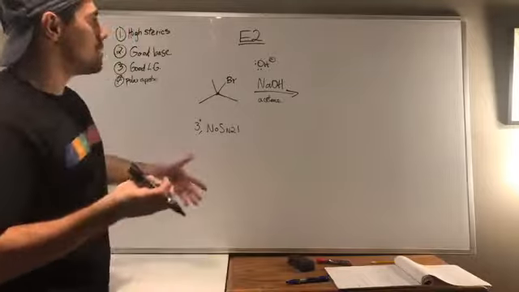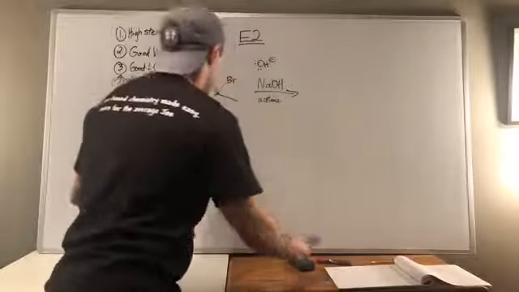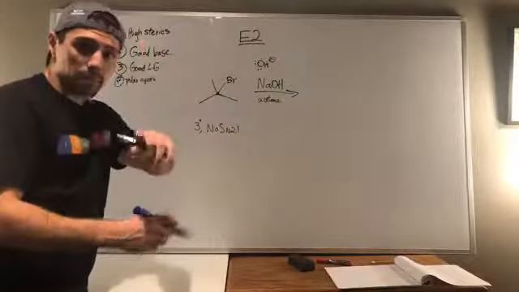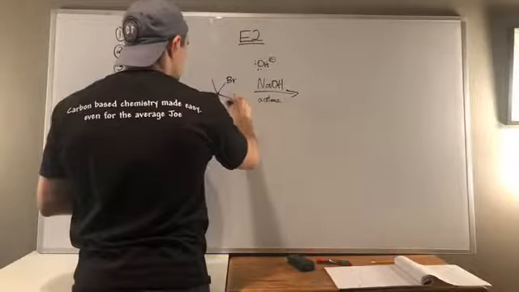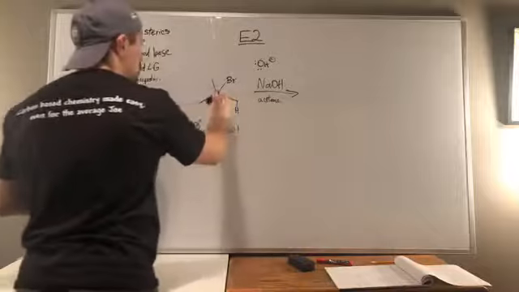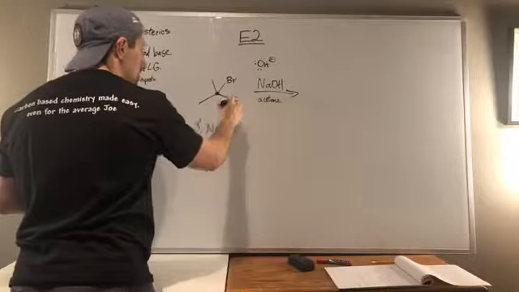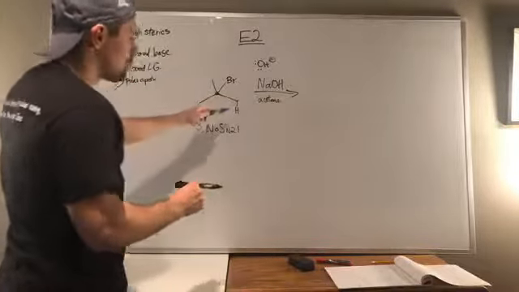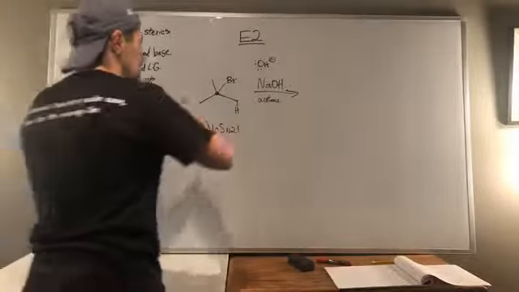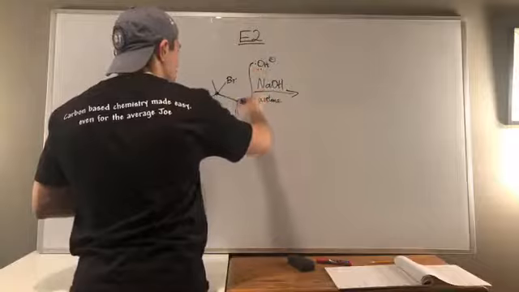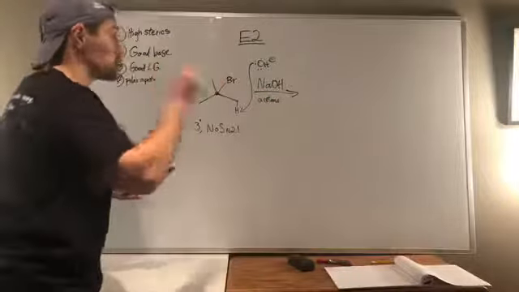So E2, what's it about? What's the mechanism look like? In one step, concerted, just like SN2, you go to the carbon you're working with, you go to that carbon's neighbor. You're saying, okay, I need a proton to work with, because we're going to abstract it. So this OH minus will act as a base, and it's going to grab this hydrogen, this proton.